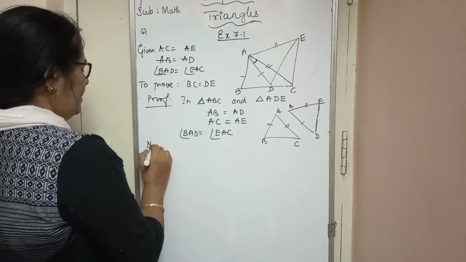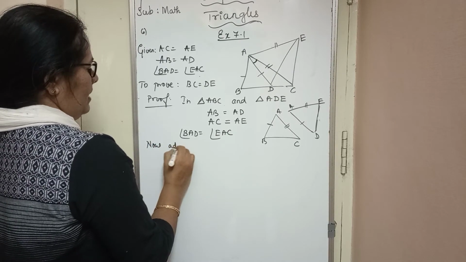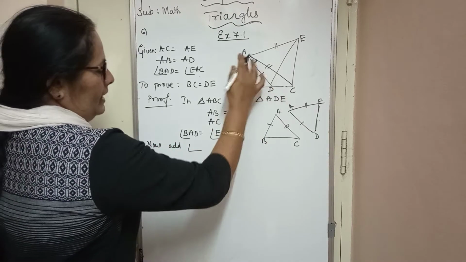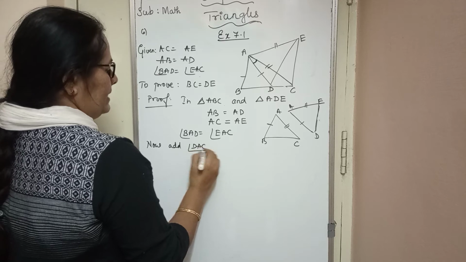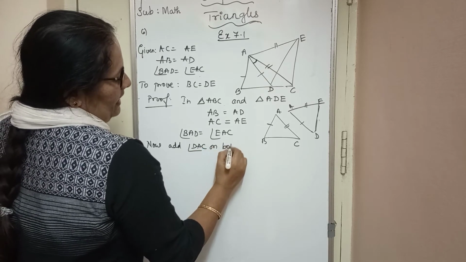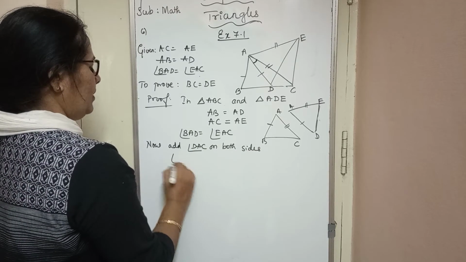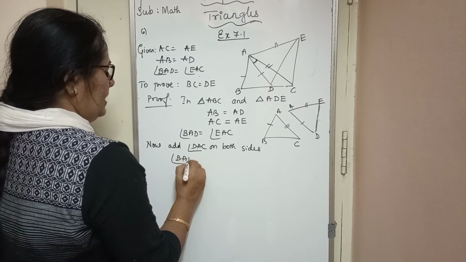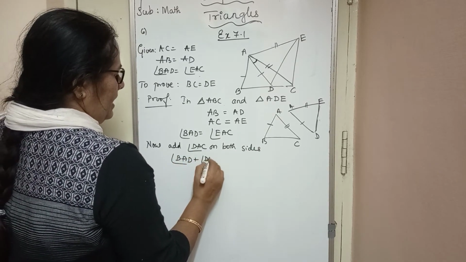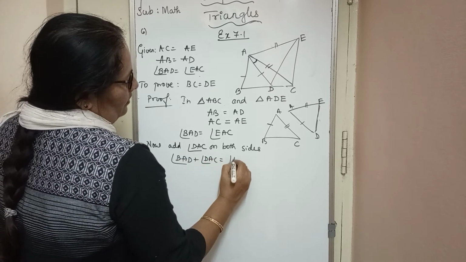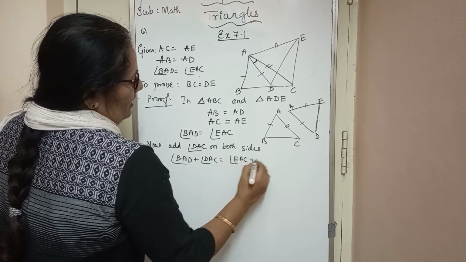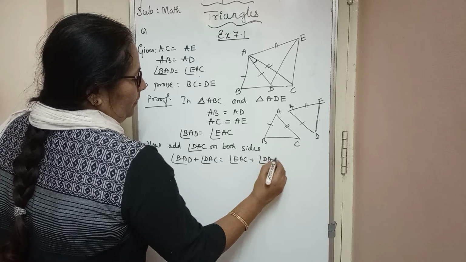Now add angle DAC on both the sides. If you add DAC on both the sides, what will you get? Angle BAD plus angle DAC is equal to angle EAC plus DAC.